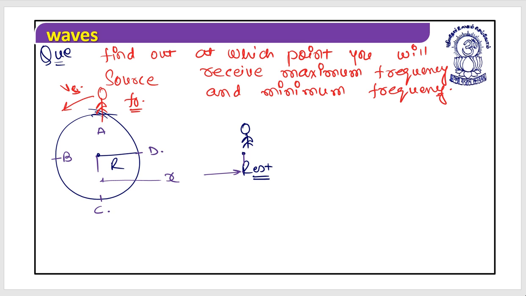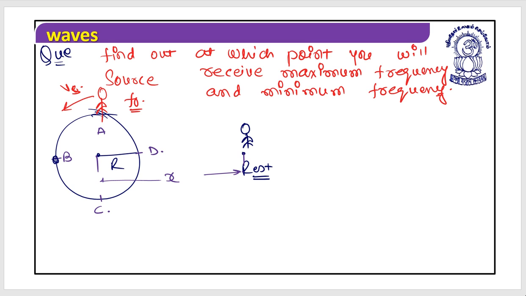So they ask us at which point we are about to receive the maximum frequency, and at which point the minimum frequency. How will we do this? Let's understand the situation for the different cases.